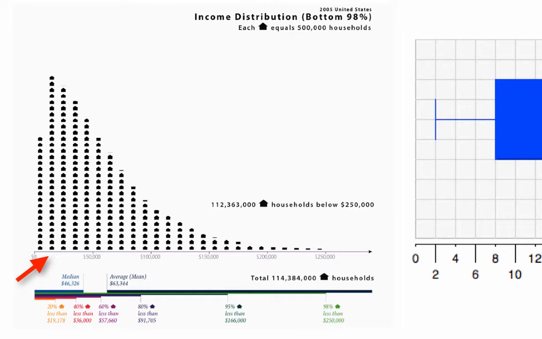So let's say about, what's that, maybe 15,000? So we can see the three relative to each other, and since the mean is to the right of the median, it's greater than the median, it's also indicating that we have positive skewness.